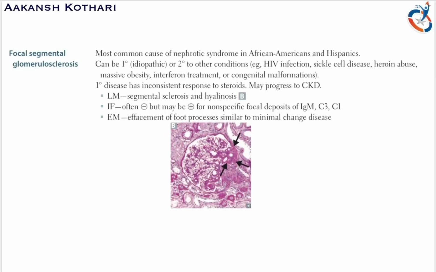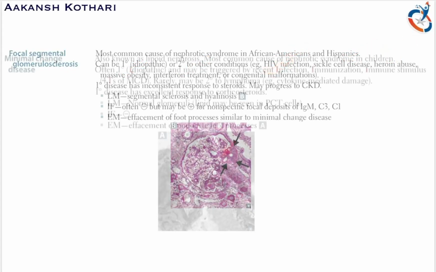It is the most common cause of nephrotic syndrome in African Americans and Hispanics. So these help in clinical diagnosis. It can be idiopathic, that is, it is majorly idiopathic, or can be secondary to other conditions such as HIV, sickle cell disease, heroin abuse, massive obesity, interferon treatment, or congenital malformations.